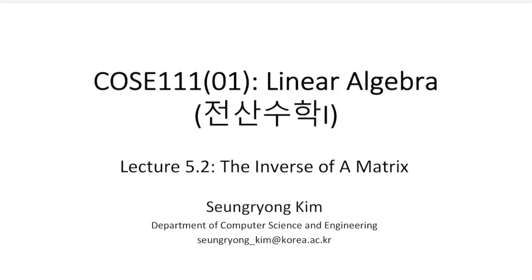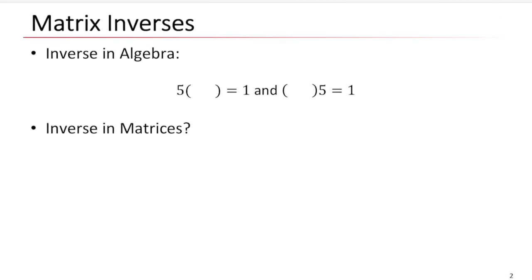This section is related to the inverse of the matrix. So let's start lecture 5.2. What is the inverse of the matrix, or matrix inverses? Before starting, let's think about the inverse in algebra. Here are some examples.